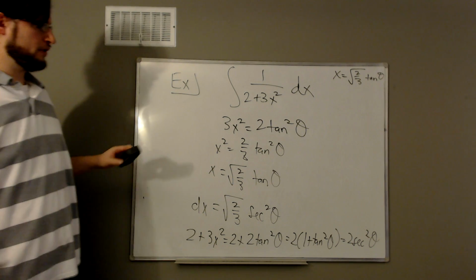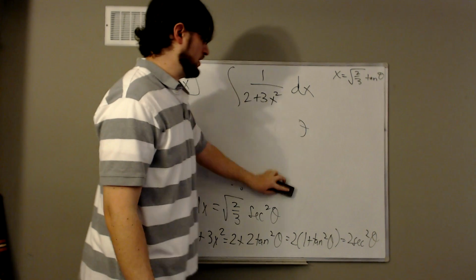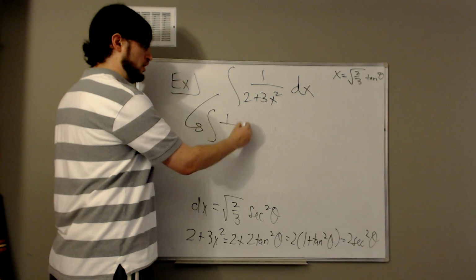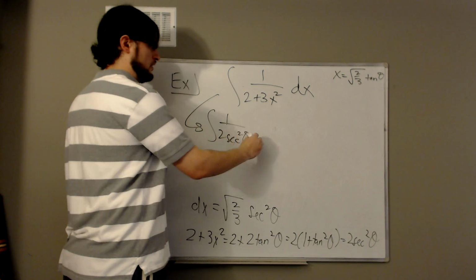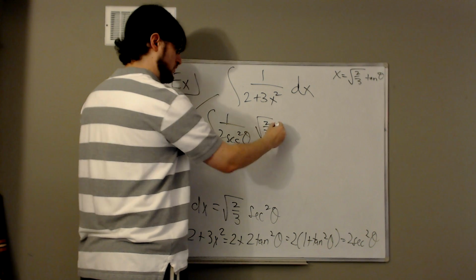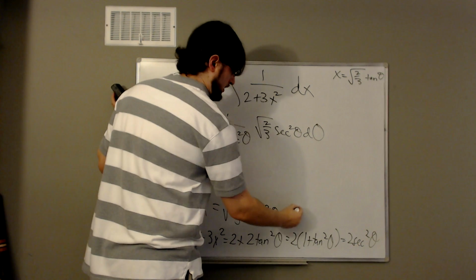So if we put all this together, the only things that we actually need here are the bottom two to change the integral. Our integral becomes 1 over the denominator, which is 2 secant squared. And dx, we also just calculated, which is the square root of 2/3 secant squared theta d theta. I forgot to write my d theta there.